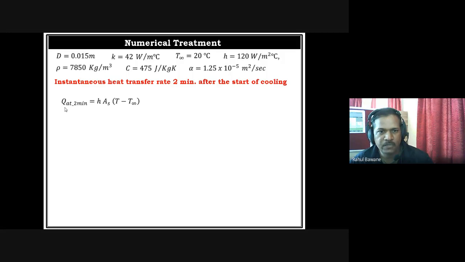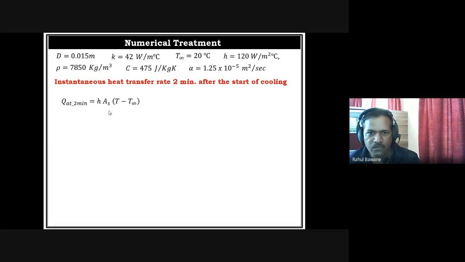So the heat transfer Q at 2 minutes is equal to h surface area into T minus T infinity, the basic Newton's law of cooling, where T we know after 2 minutes. So we have to replace this. Why?